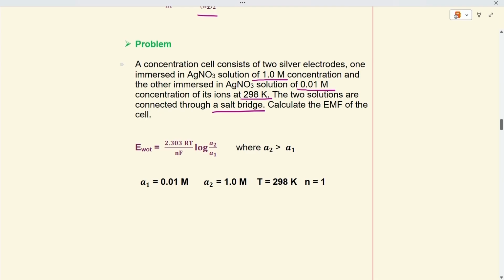Here, what are the things given? We know that it is a cation reversible cell because it is silver in contact with silver nitrate. Here, silver gets oxidized and silver gets reduced.